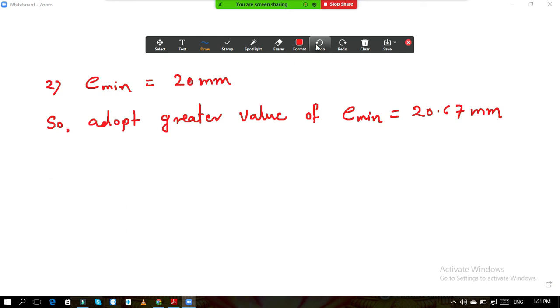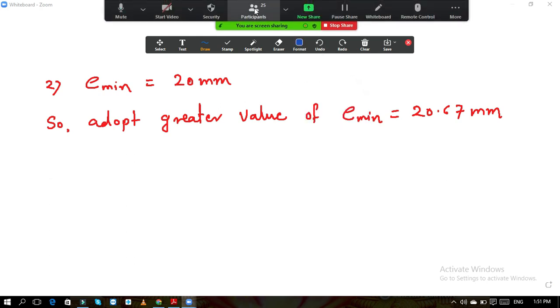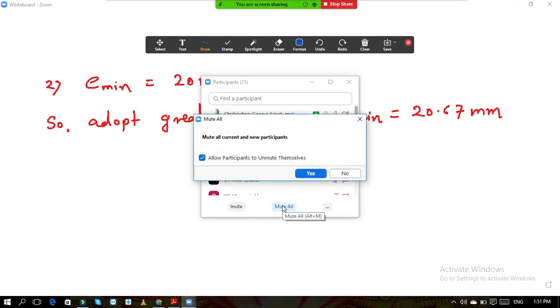Now calculate the actual eccentricity e.